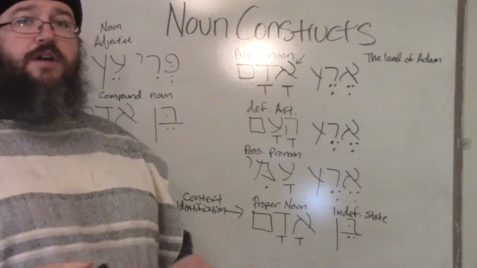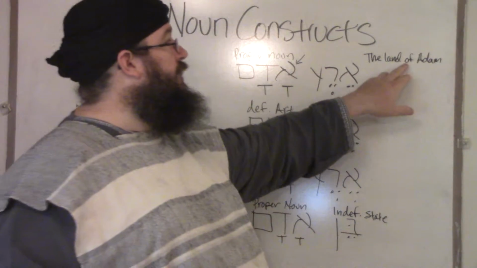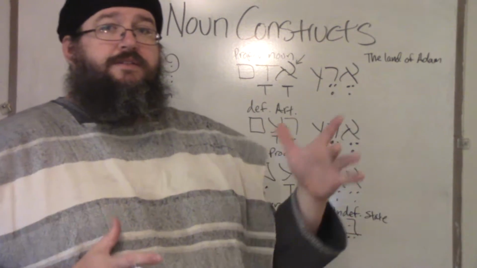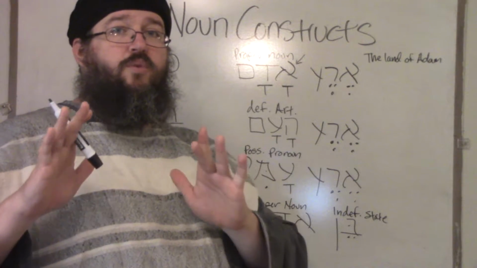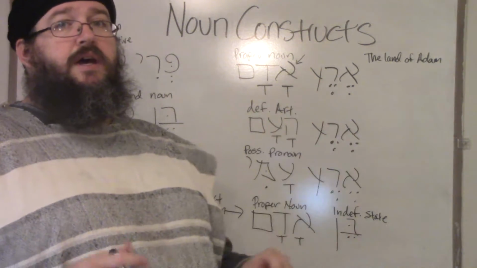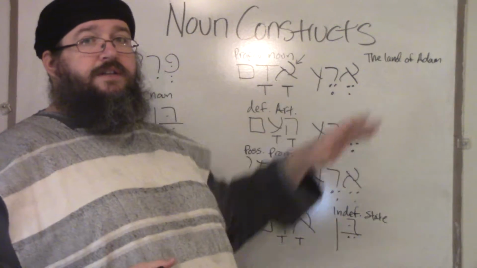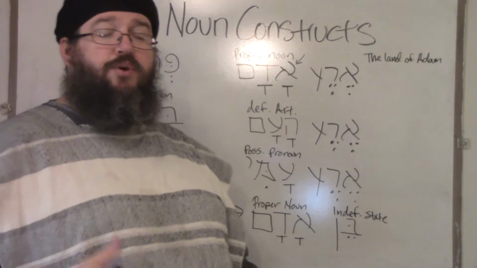I want you to think of noun constructs as the grammatical way of saying of. Now there are two ways to grammatically say of in Hebrew. This is one of them. Okay? The second one we'll learn in another lesson. But this way, we need to understand these are going to be the of sentences. Cup of tea, bowl of soup.